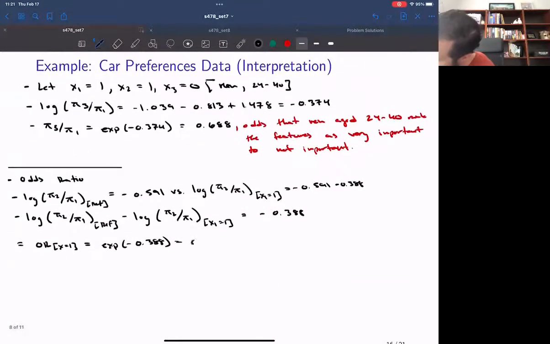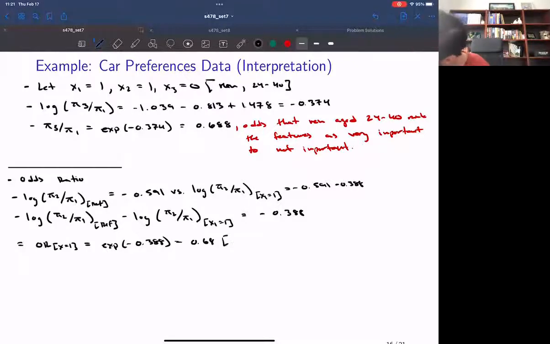That first coefficient is giving us the odds ratio comparing the odds of men in the 18 to 23 age group who rank the features as important versus no/little importance to the odds of women aged 18 to 23 ranking the features as important to not important.